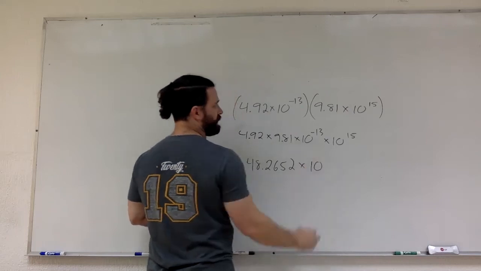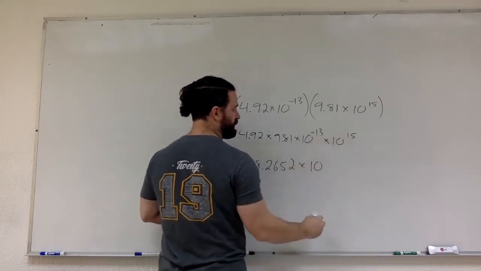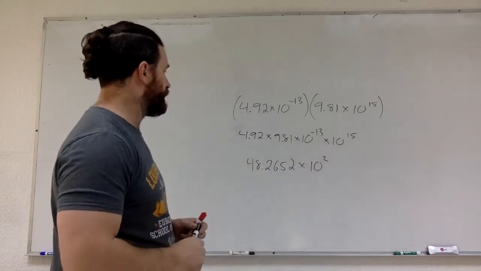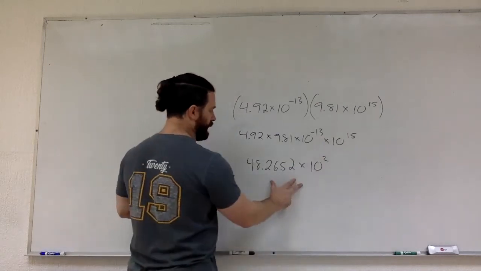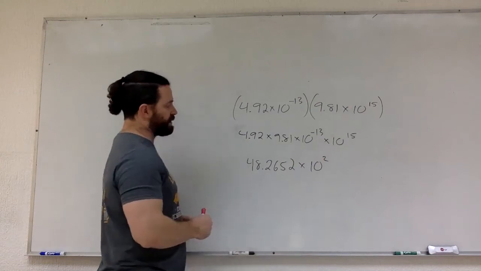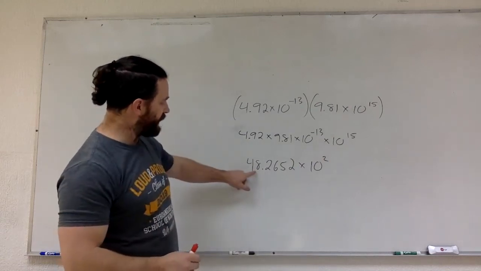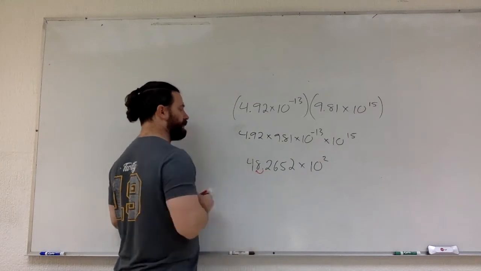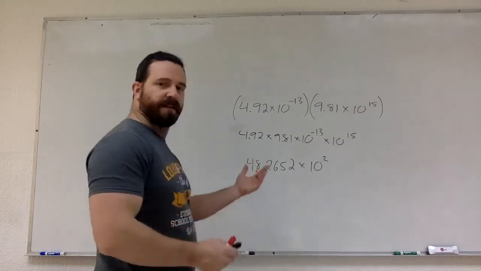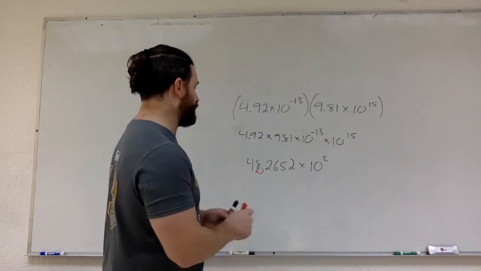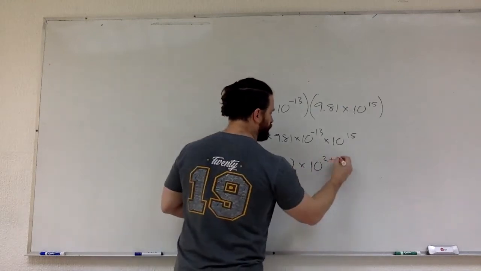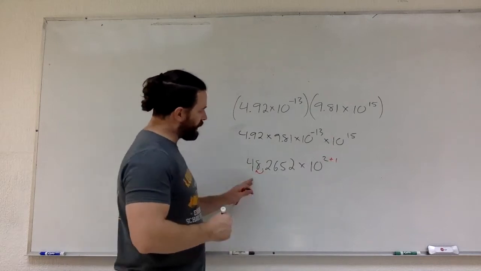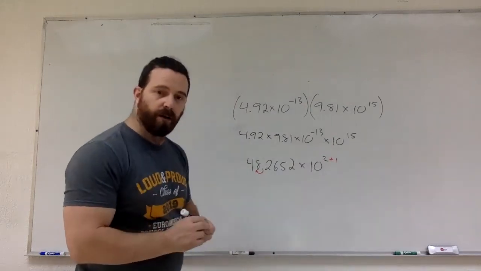Times 10 to the, so again, we're going to add our exponents, and I'm just going to get 10 to the 2nd. And now I need to adjust my scientific notation because I need my decimal to be behind the 4. Move this right here. So since I moved it 1 place to the left we increase. So I'm going to come over here and do plus 1. Now, when we go to write our final answer, we don't need all of these numbers.